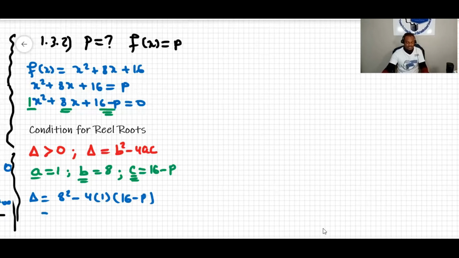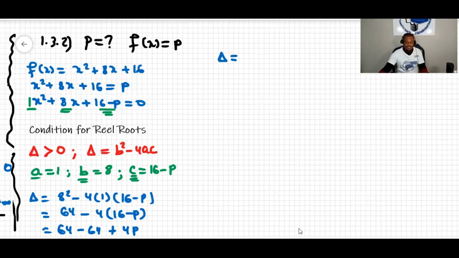So it's 8 squared, which is 64, minus 4 times 16 minus p. Negative 4 times 16 is negative 64, and negative 4 times negative p will make positive 4p. So now we can simplify all this: the discriminant delta will be equal to 4p.